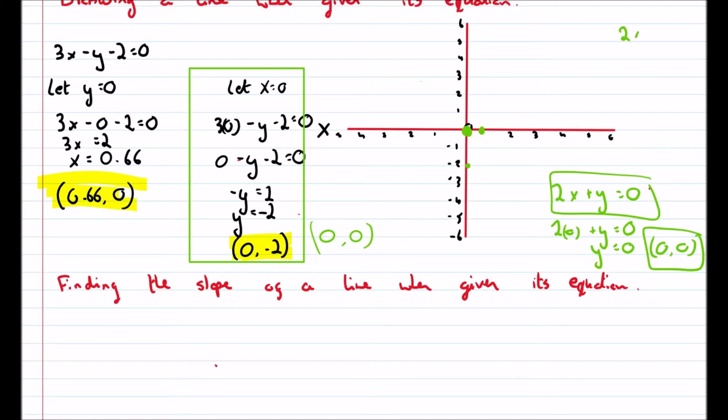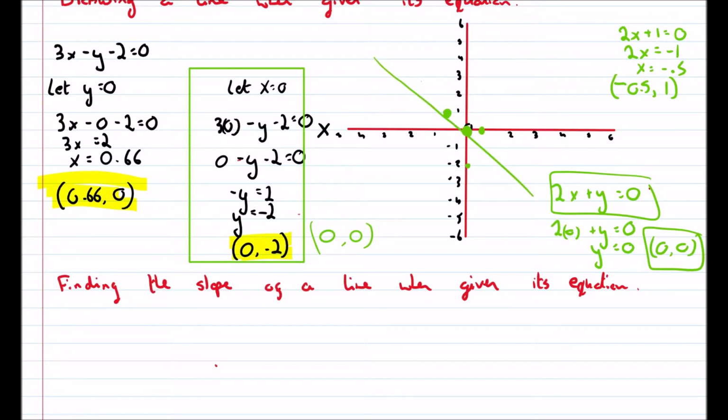So now we have 2x plus 1 equals 0. So 2x equals minus 1, so x equals minus 0.5. So now I have minus 0.5 as my x number, and my y number is whatever I put in, which is 1. Now I have my second point: minus a half and 1, which is about here. So now I can draw my line.